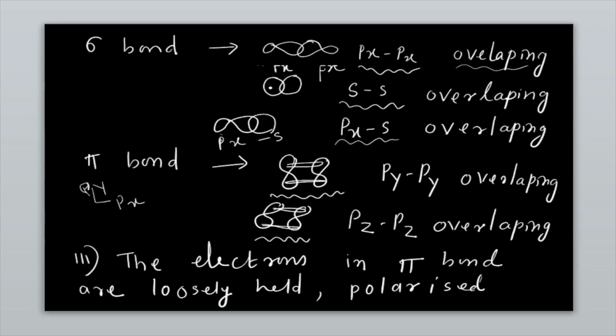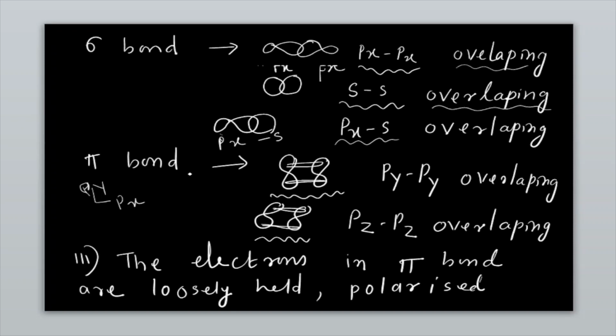First, s with s: the s orbital is symmetrical and spherical, and the overlapping is also head-on. The third one is p with s, that means one is p and the other is s. Px, Py, Pz, no problem, because all have the same meaning. When it overlaps with the s orbital, it is called a sigma bond.